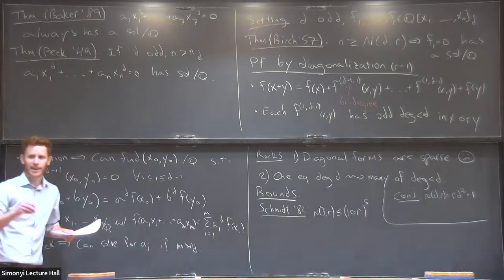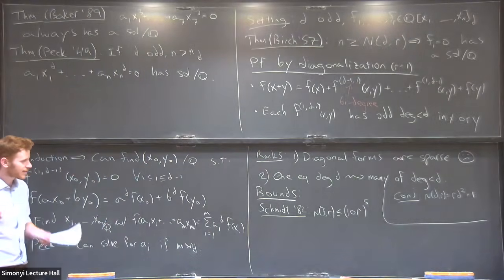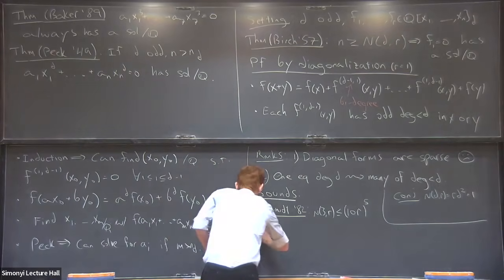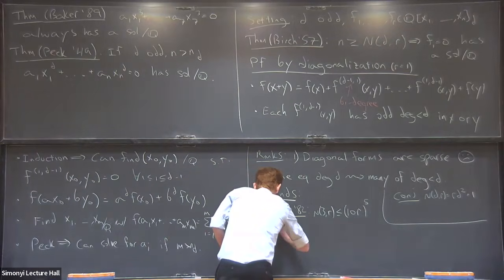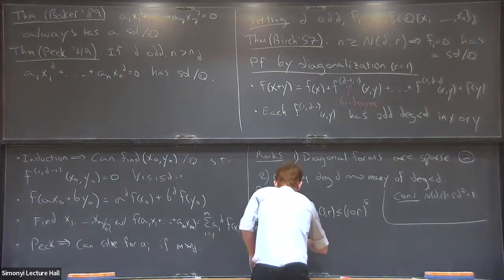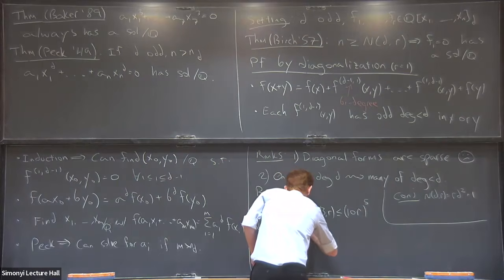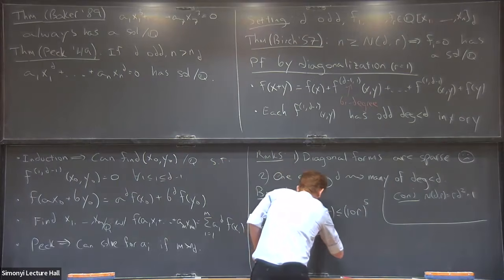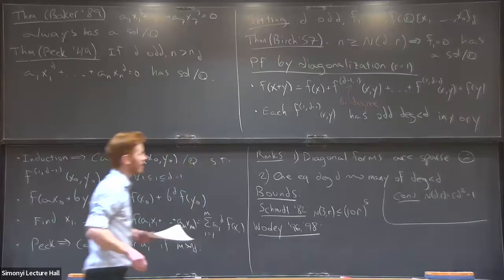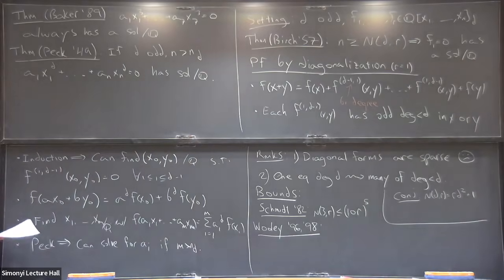And then Trevor Wooley has a couple of papers called Explicit Bounds for Birch's Theorem, from '96 and '98, where he works out and improves upon Birch's original argument.